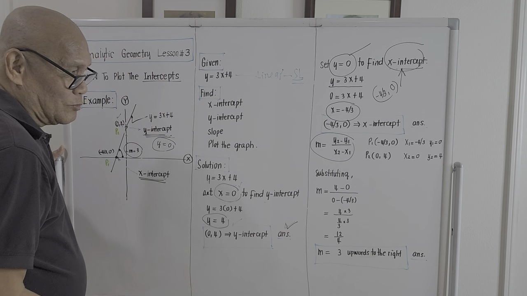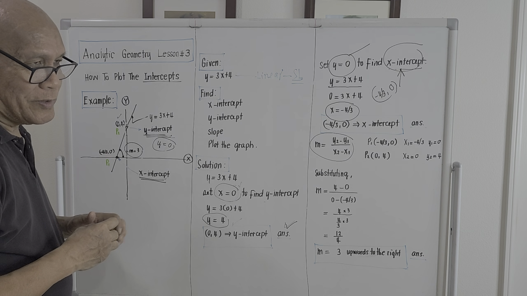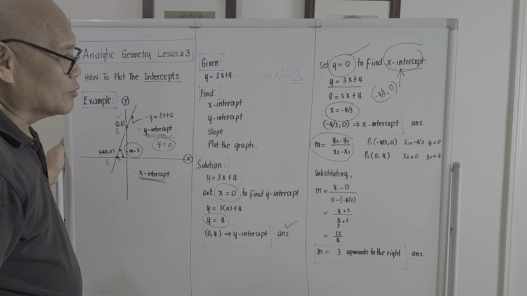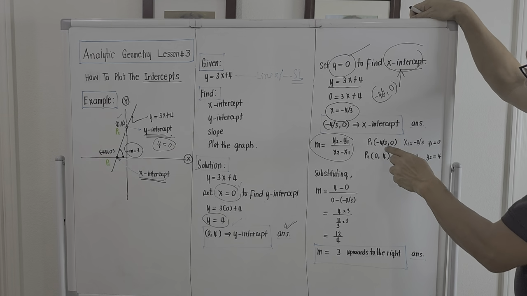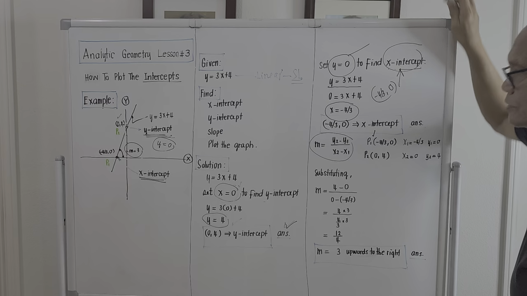But we must specify which points are P1 and P2. So I place it here. I put the location minus 4/3 and 0 to be P1.